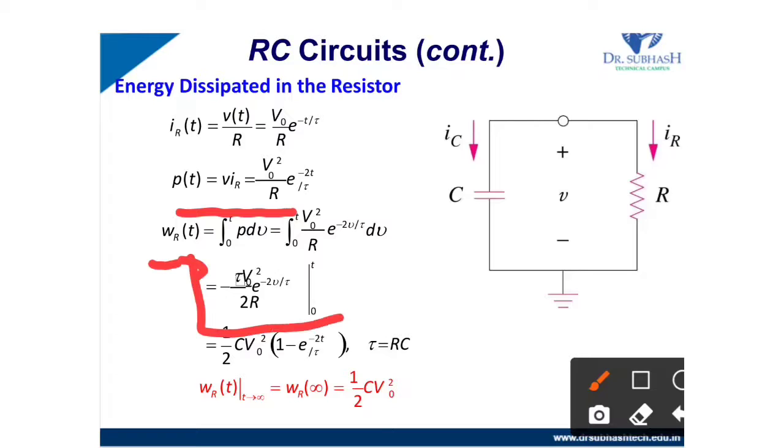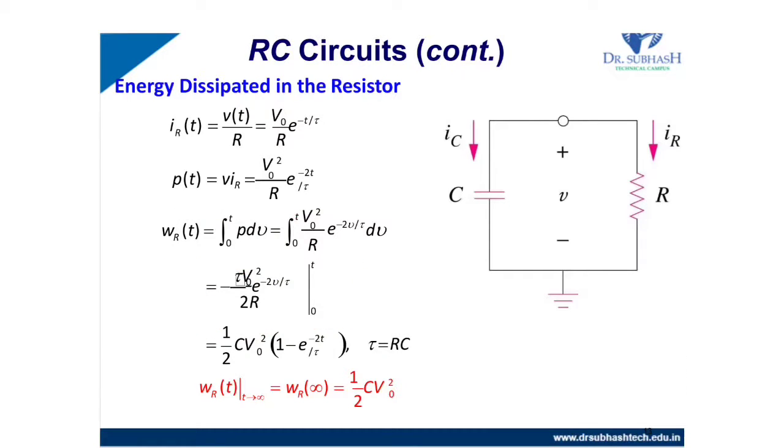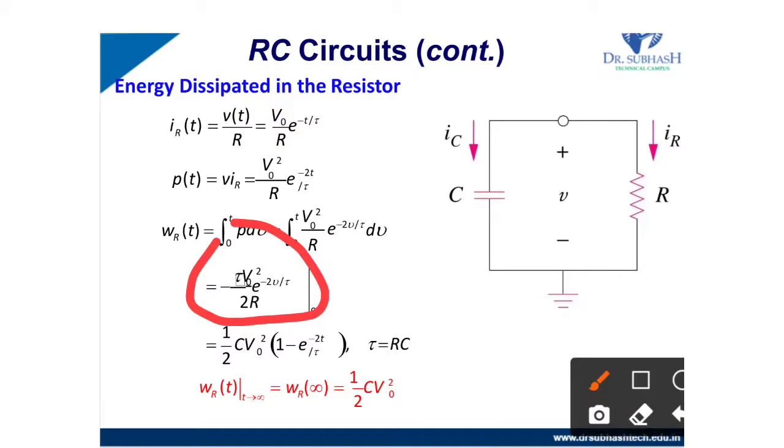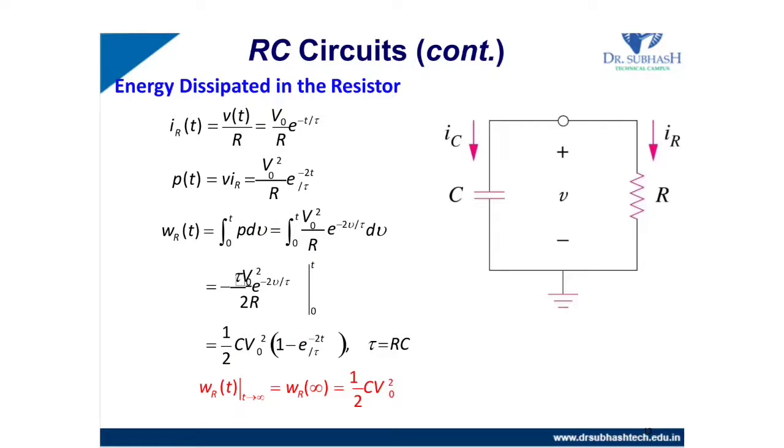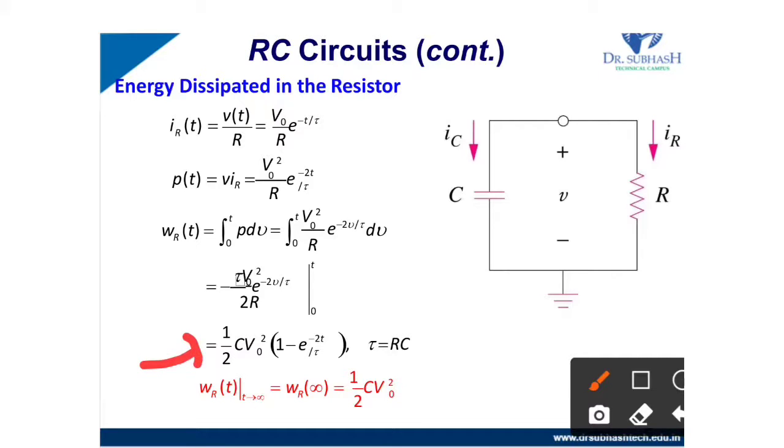After the integration, it is time constant multiplied by v0 squared e raised to minus 2t by time constant divided by 2R, and we will put the limit 0 to t. So first we put limit t minus limit 0. So it is 1 by 2 C v0 squared.